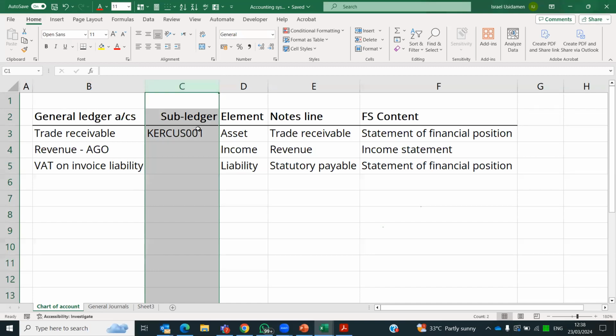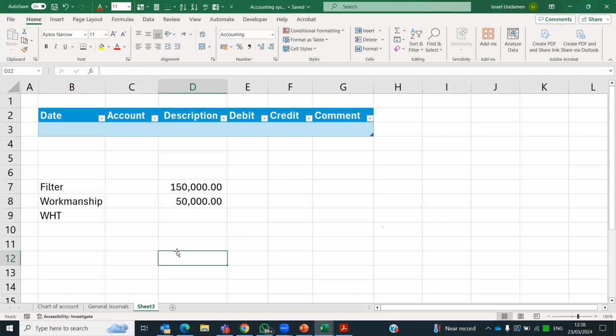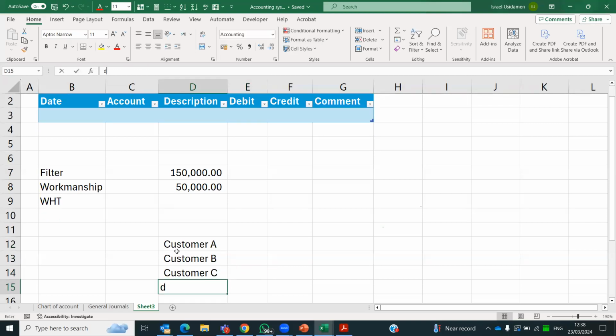A sub-ledger will now break down a general ledger into specific persons or specific vendors or specific characteristics as appropriate. So we can have customer A, customer B, customer C, customer D. All these are sub-ledgers.